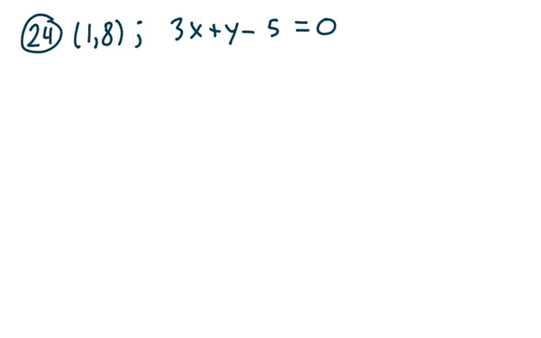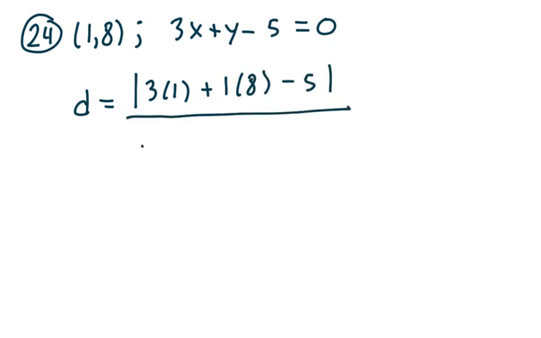You won't get the correct distance if it's not written in this form. So d is the absolute value of 3 times 1 plus 1 times 8 minus 5, divided by the square root of 3 squared plus 1 squared.